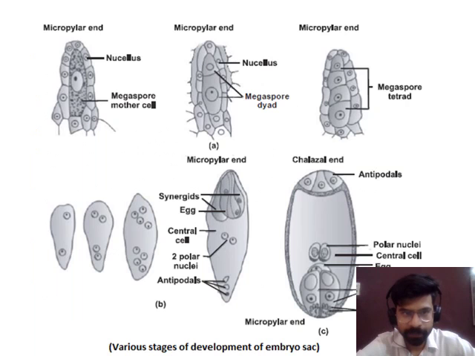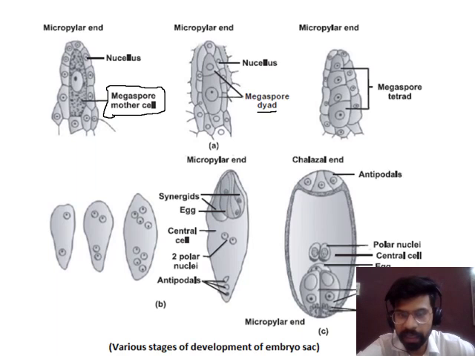In the next slide, yes, this is the structure. Here you can see this is the megaspore mother cell. In the pollen grain the same structure is present, known as the microspore mother cell, but in the female it is the megaspore mother cell. In the first division it leads to the formation of a dyad, that is the megaspore dyad.